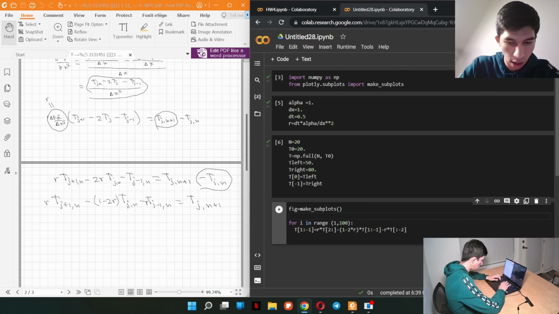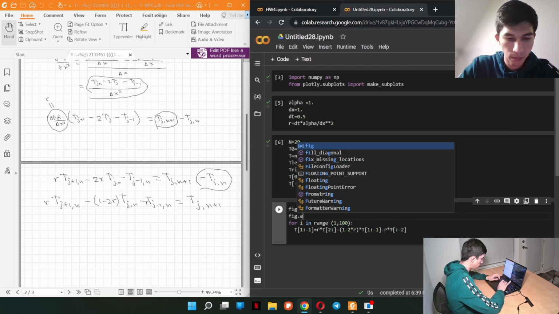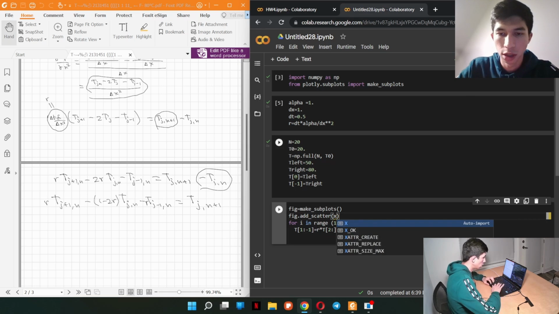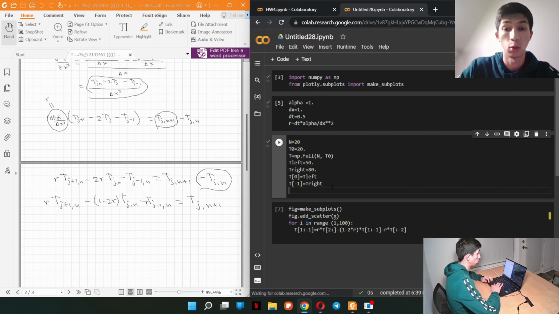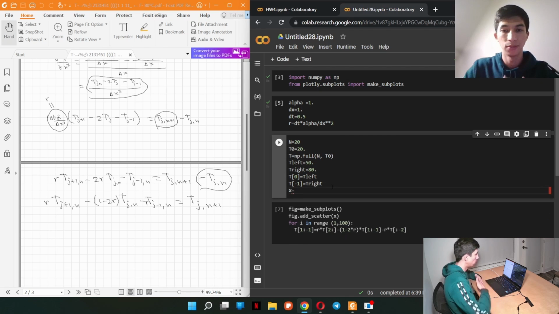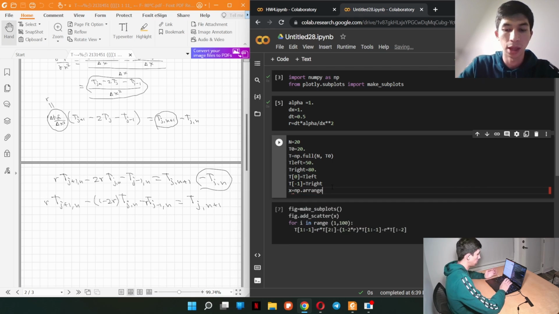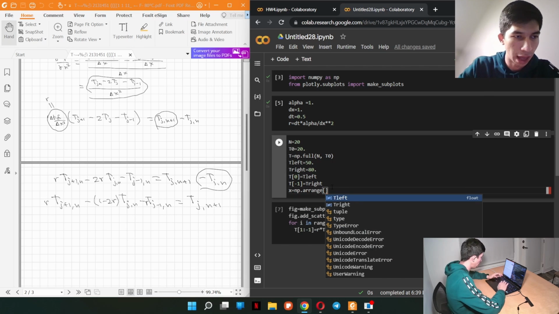And we're going to use figure add scatter. So for x, we should now determine what we're going to use as x. For x, we're going to use the number of pieces we have. So we're going to use NumPy arange. It's going to be the array using n.